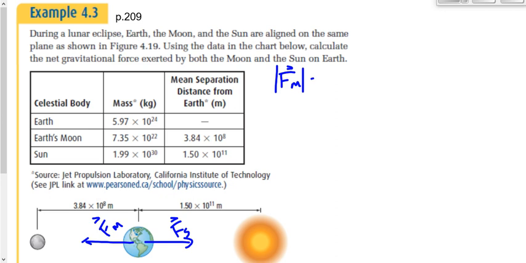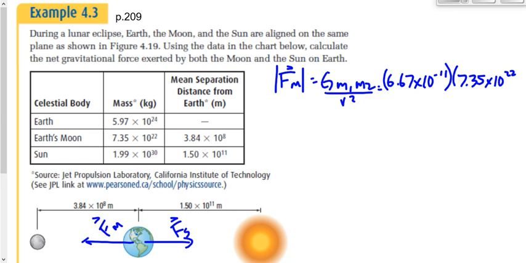Well, now we go back to what we did last week. The force on the moon is G m1 m2 over r squared. That's 6.67 times 10 to the minus 11 times the mass of the moon, which in this case is 7.35 times 10 to the 22, times the mass of the earth, which is 5.97 times 10 to the 24.